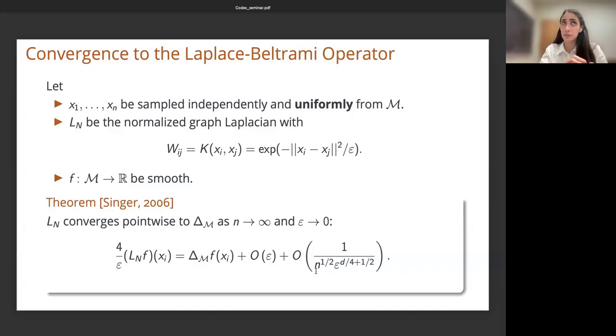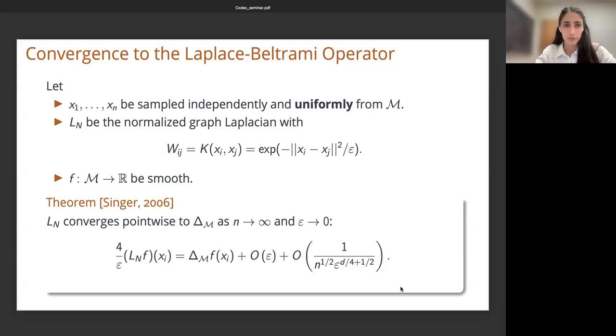Because if we have too few data points and epsilon is too small, then we're not going to capture enough data points with our kernel, and we don't want that. So this term is very important. It tells us the relation with parameters, and I'm going to come back to this variance term later when I state our results.